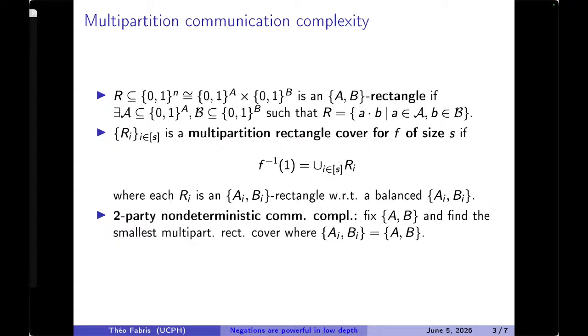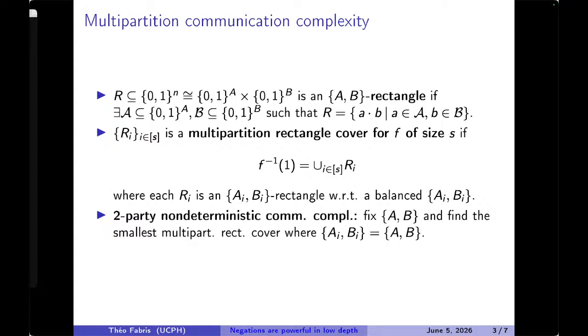Okay, they're not exactly the same, because here I care about the size, and in that setting, people care maybe about the log of the size. Anyways, today we want to prove lower bounds for the number of rectangles that you need to cover F.